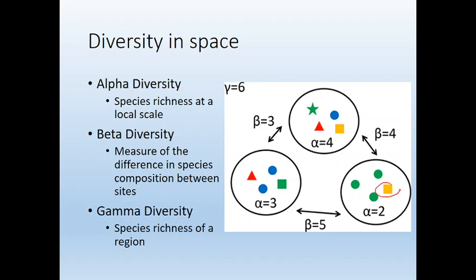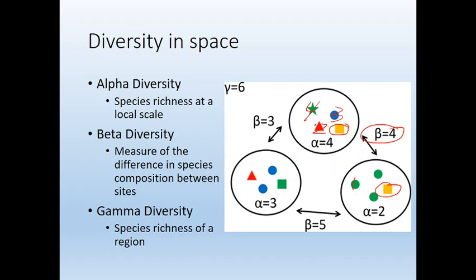So these are the same, right? So 1, 2, 3, 4. So this 4 is that beta here. What do we do here? We've got all different species. So you got 1, 2, 3, 4, 5. So beta diversity here is 5.